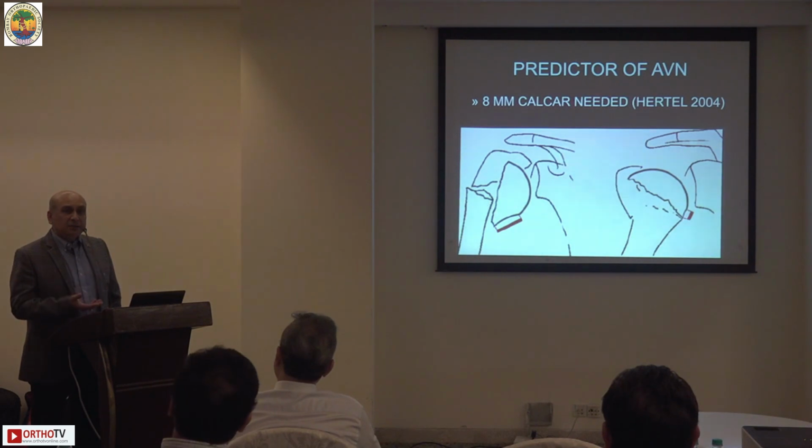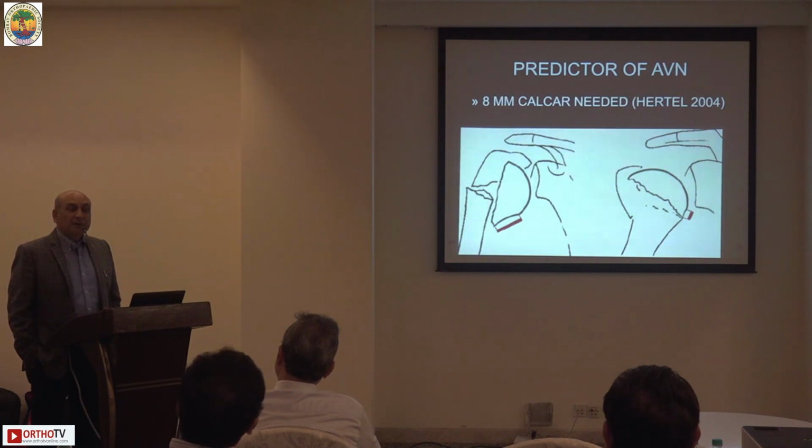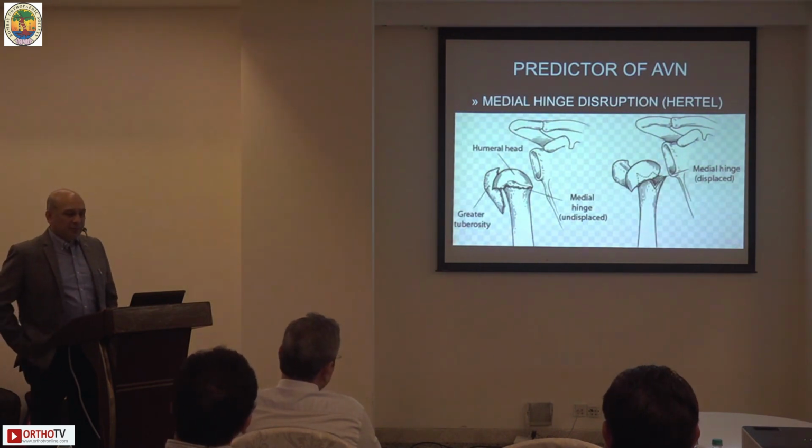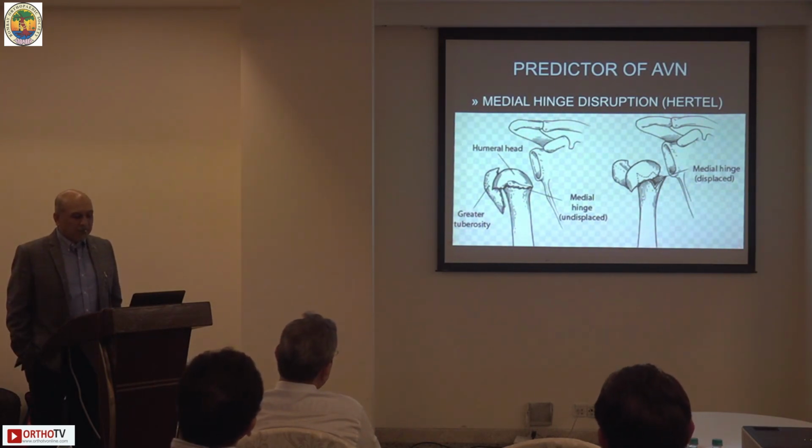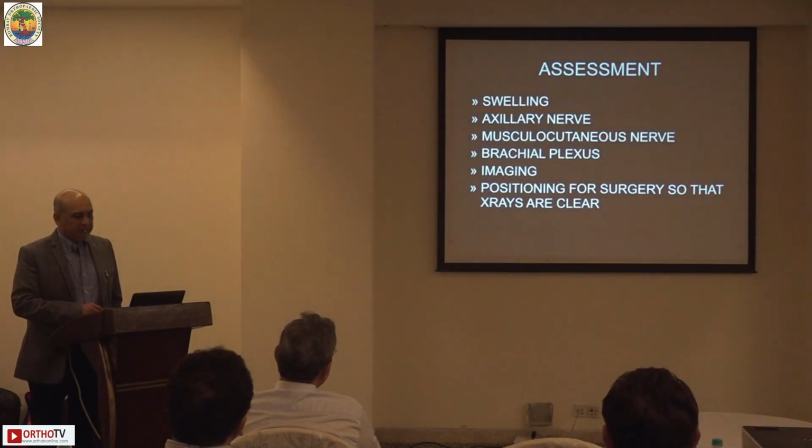But in addition to that, Hertel came up with a paper in 2004, and two additional predictors were added to that. An 8 millimeter calcar is needed in order to predict viability of the humeral head. Number two, if there is disruption of the medial hinge of the humeral head, then probably it may not be viable. We still tend to fix it. The picture on the right is typical, where the medial hinge is displaced.